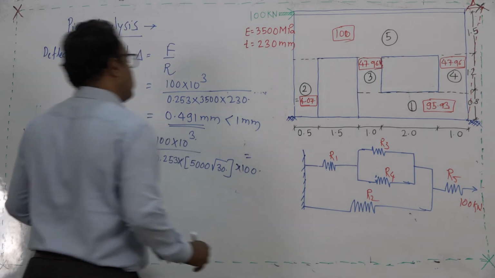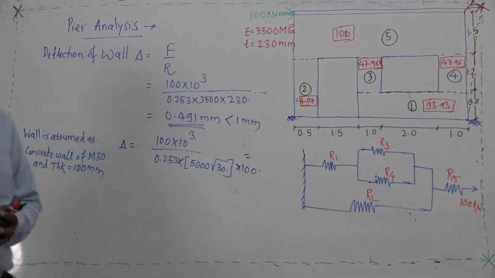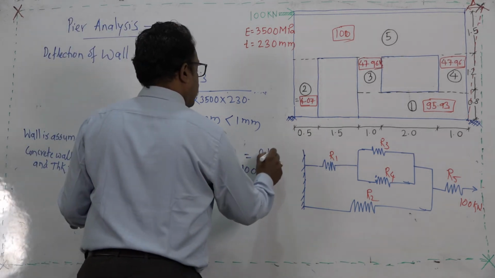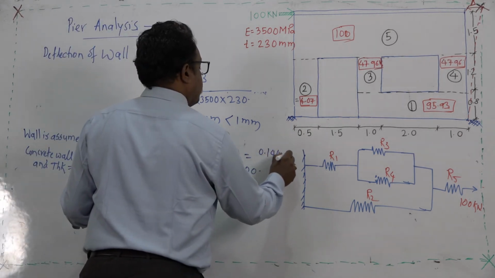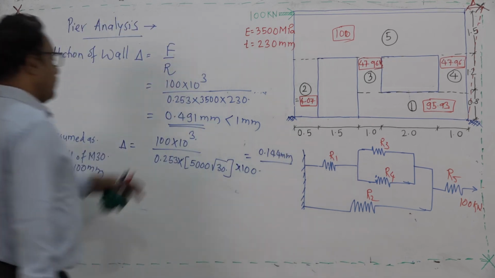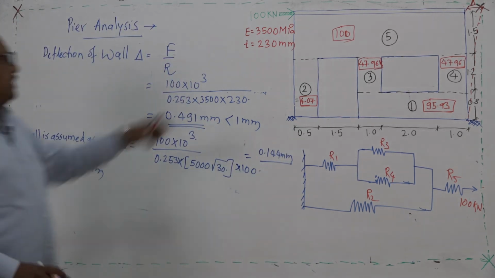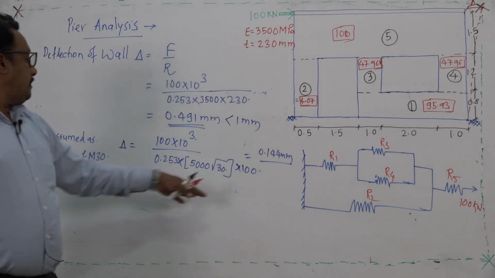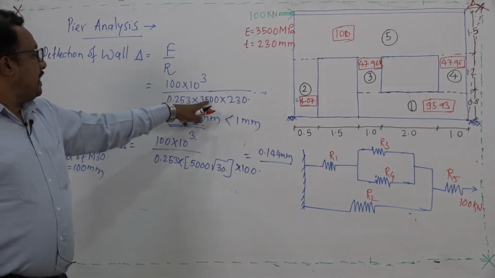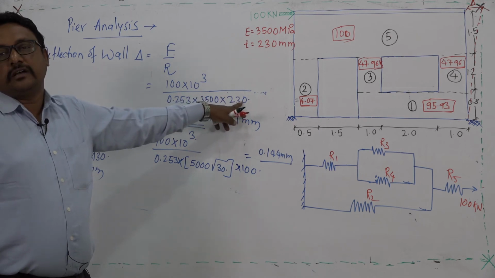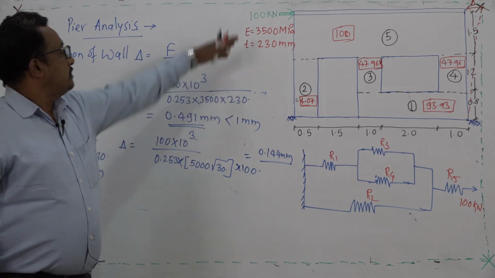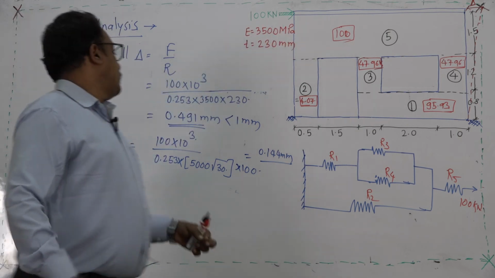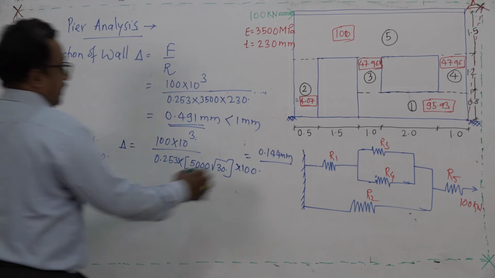So, if you work out this, then we are going to get the value as 0.144 millimeter. The idea is, as the E and T we can change any time, accordingly the replacement will be there for this substitution, which is related to the thickness of wall as well as the modulus of elasticity of material.